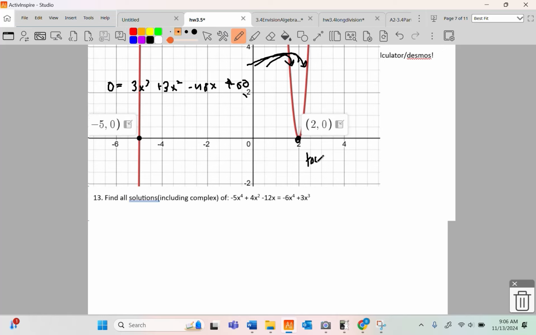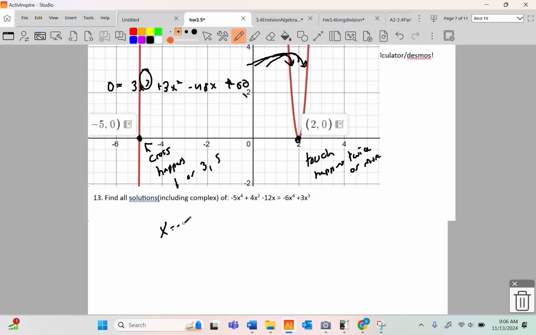This is a touch. It happens twice or more. And this is a crossing, which happens once or more, or 3 or 5 and so forth. Now we had x cubed.